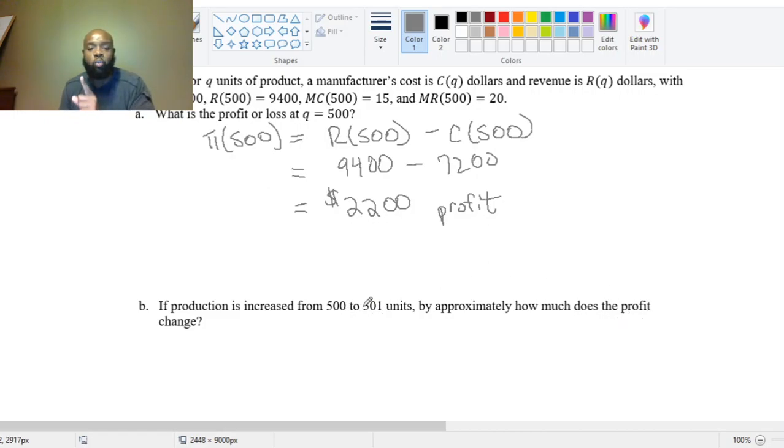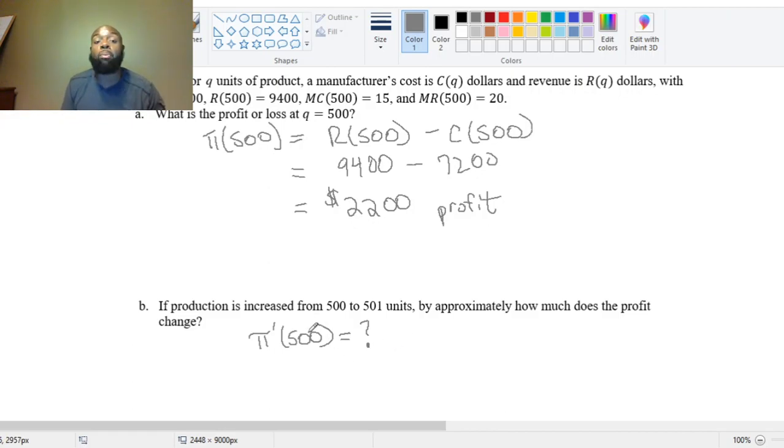The fact that that's one item should ring in my head. I need to think about a derivative or a slope, right? And so this is basically asking me what is pi prime of 500? Right? Because I want to know the change in profit for 1 unit change from 500 to 501 items, 1 unit change in my input, right?